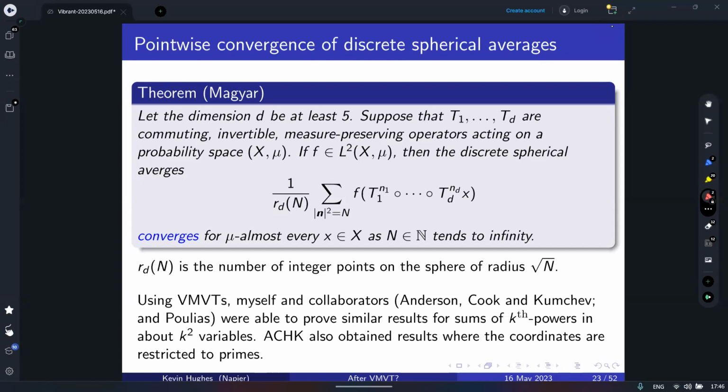It's the same limitation that comes up in the Vinogradov mean value theorems. And that's for a degree which is a positive integer. With Costas Poulias, we have been able to handle fractional degrees.